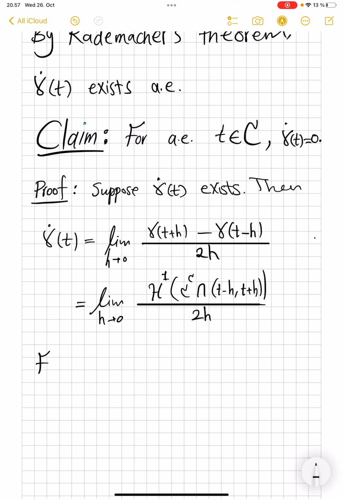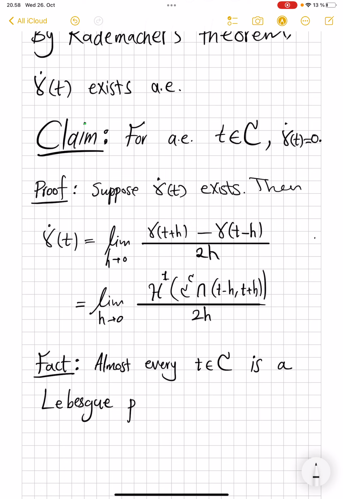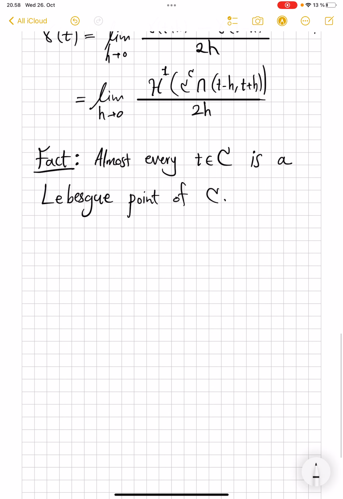Now we need another fact from measure theory that almost every point in a set is a Lebesgue point of C. This concept now is totally new even on this channel. What that means is that, for a point to be a Lebesgue point, so what happens at the Lebesgue point?